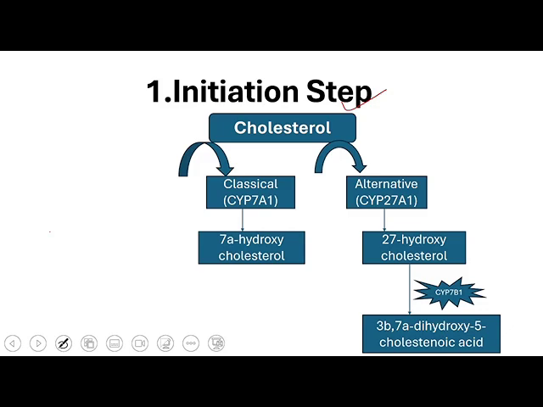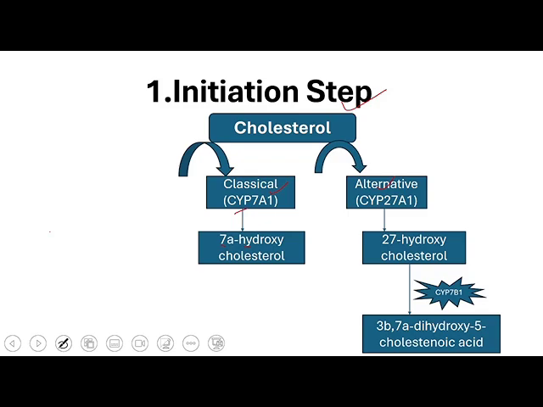Here, as we know, the cholesterol is metabolized to bile acid by two pathways, classical pathway and alternative pathway, and the classical pathway undergoes 7 alpha hydroxylation.